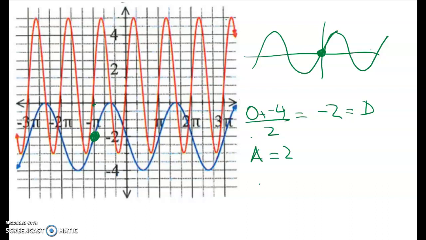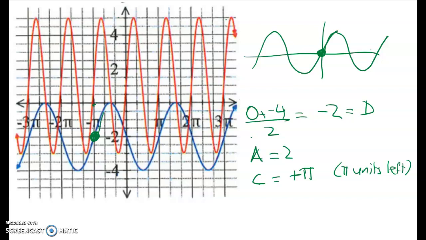So what does that mean? Well, my C term this time is going to be plus pi, right? I'm shifting pi units left. I have to ask if I've also got a horizontal stretch. Now, happily, I don't.